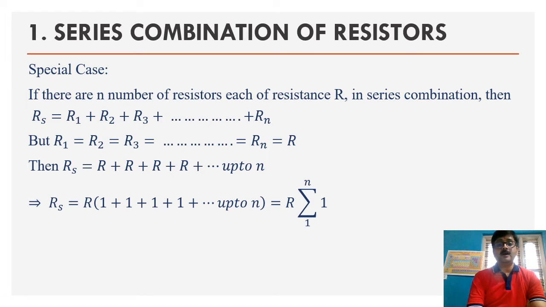The summation of 1 up to n times is nothing but n here. So we can say Rs is equal to n into R. So this is our special case number 1 that we should remember in case of series combination. I hope it is clear. Fine. So let us proceed to the next part of our discussion, that is parallel combination.